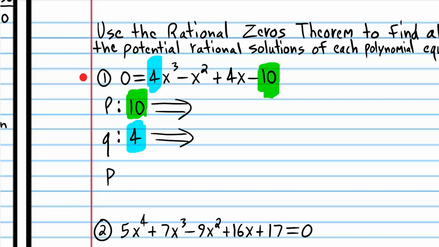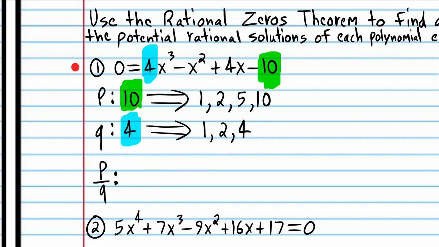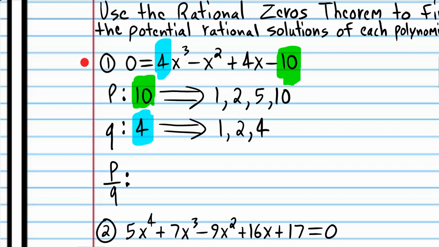And so I'm going to find the factors of 10. So we have 1, 2, 5, and 10. And the factors of 4 are 1, 2, and 4. So now I'm going to find all the possible options for P over Q. And I'm going to write plus or minus symbols for each one.